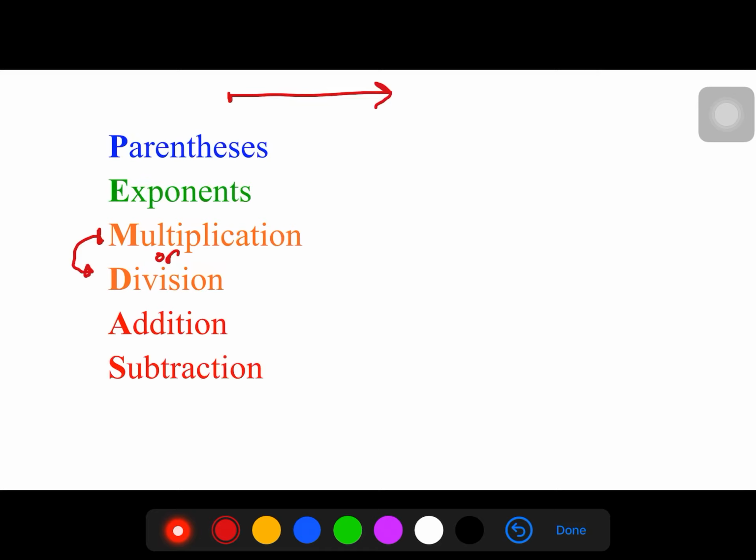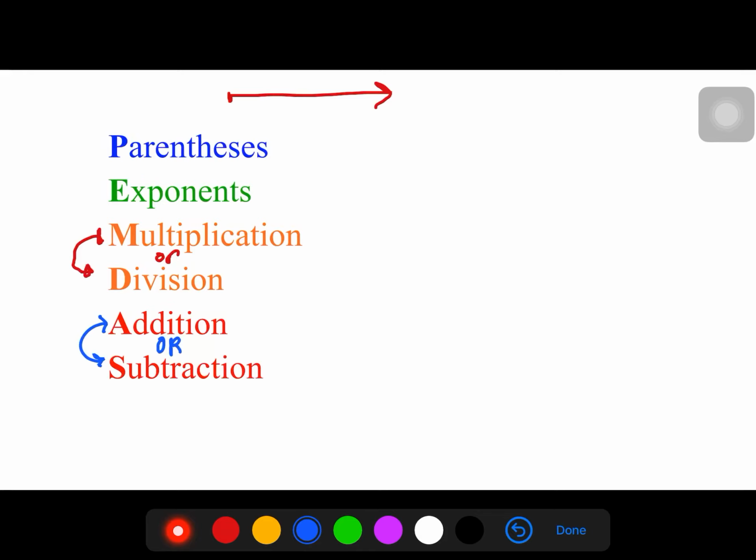And you work always from the left to the right in solving an equation. The same is true of addition or subtraction. Once you've gone through and done any parentheses, you've done exponents, you've multiplied and divided, now you're left with an equation and you work left to right, adding or subtracting from left to right.